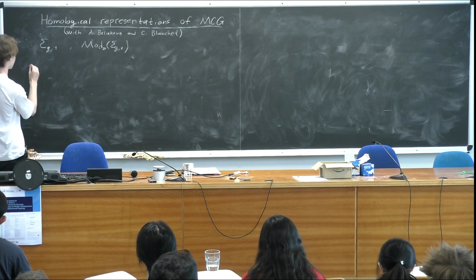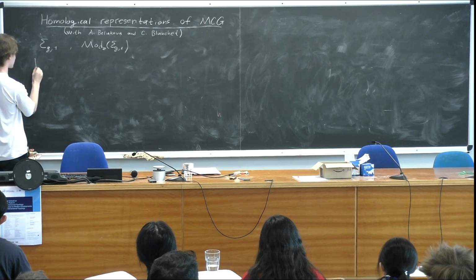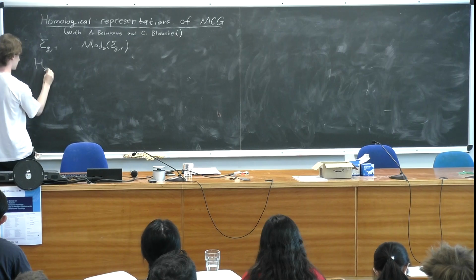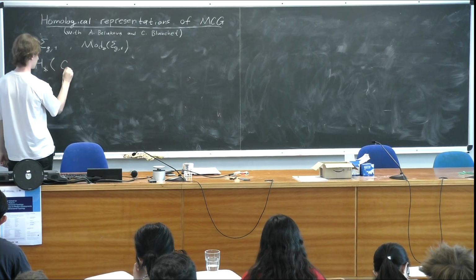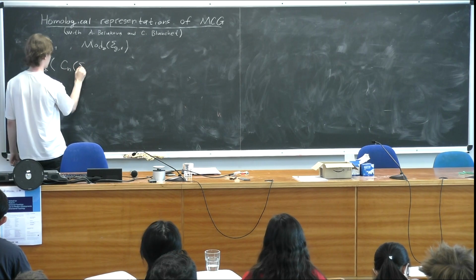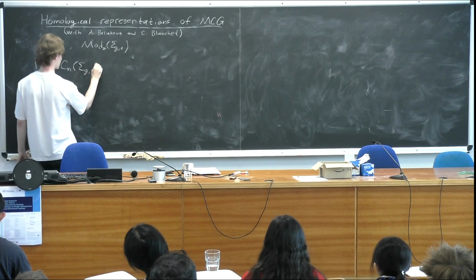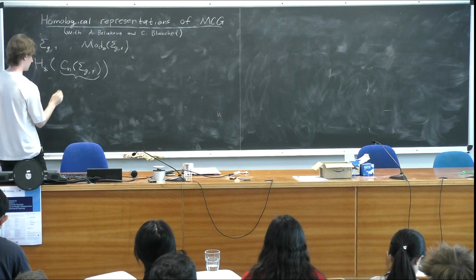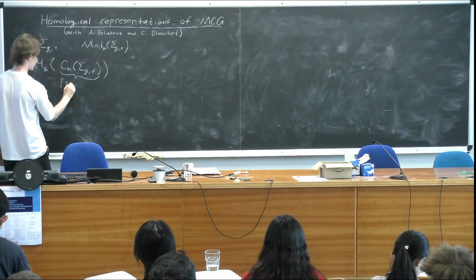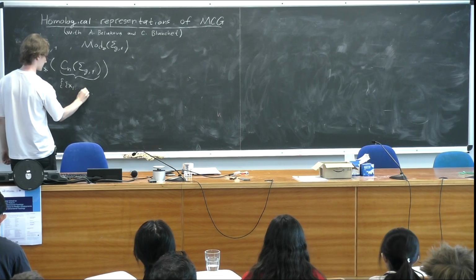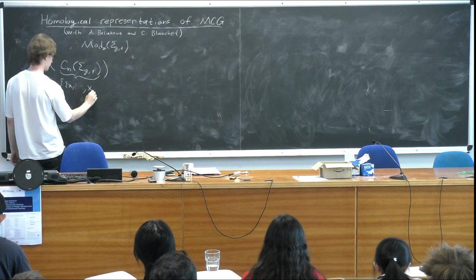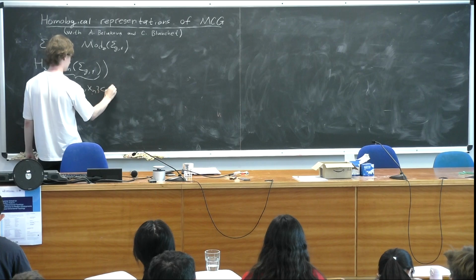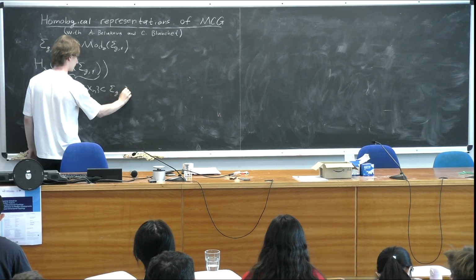But then a more interesting representation looks like this. We take the homology groups of the configuration space of this surface. So this is the unordered configuration space, the set of n unordered points in my surface.